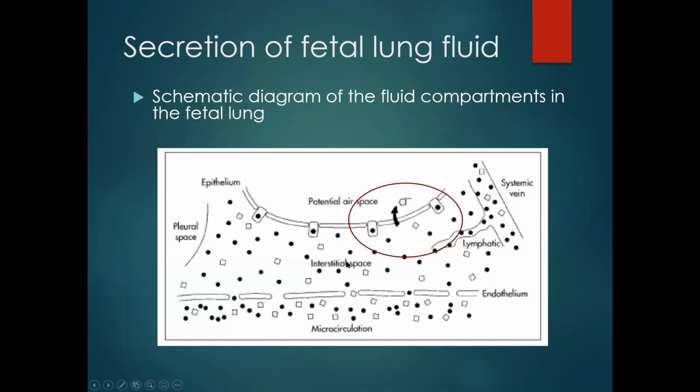So this diagram shows how fluid goes into the airspace. I encircled here what I call the chloride pump, Cl minus. Fluid from the blood, the microcirculation, there are a lot of gaps where liquid will go into the interstitial space. But through this chloride channel, fluid, along with protein, and I'll show you the composition of this fluid later, will shift from the interstitium to the airspace to eventually fill the airspace with liquid.